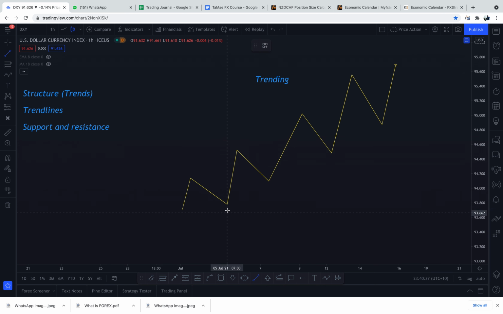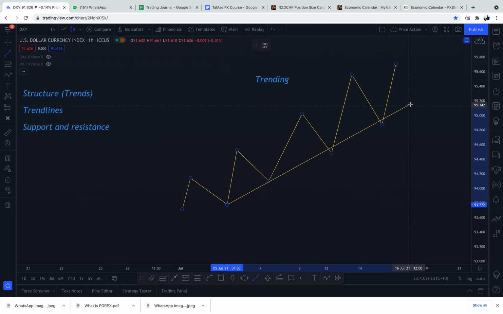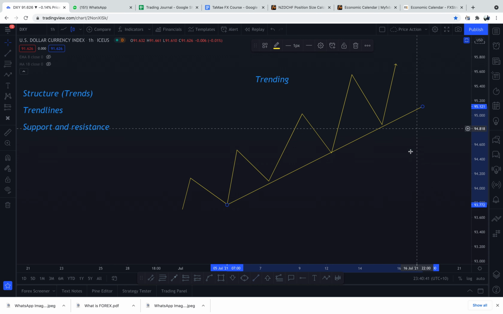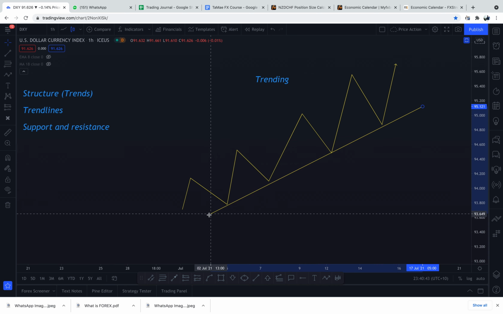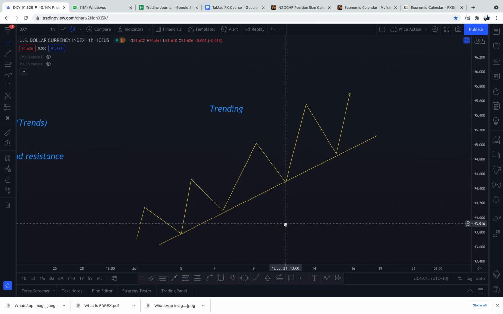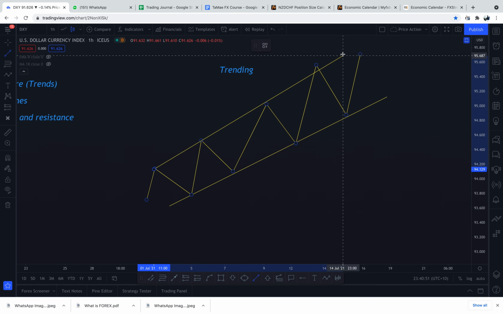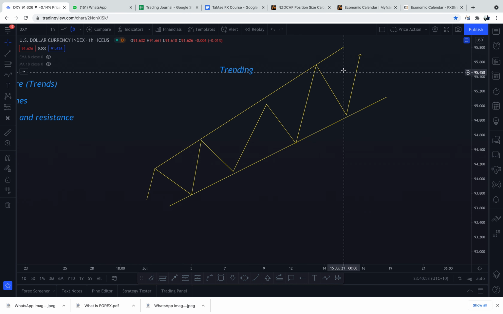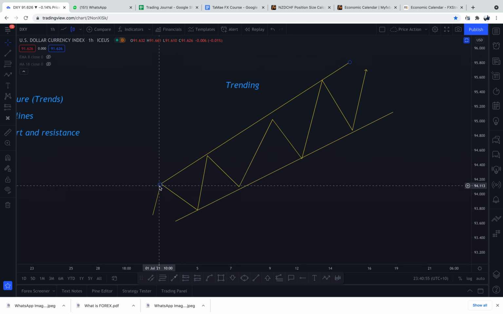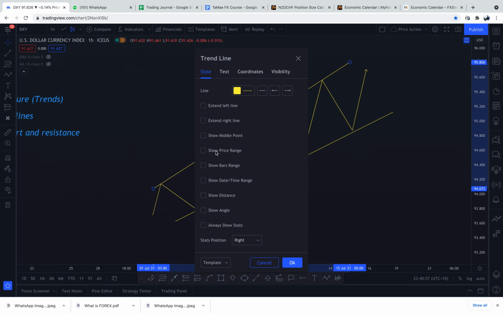So a trend line is a line that joins the movement of the chart. Okay, so that's a trend line, and the other one usually is drawn on the top, moves like that. Okay, so that's a trend line. So let me just change the colors so it doesn't confuse you.